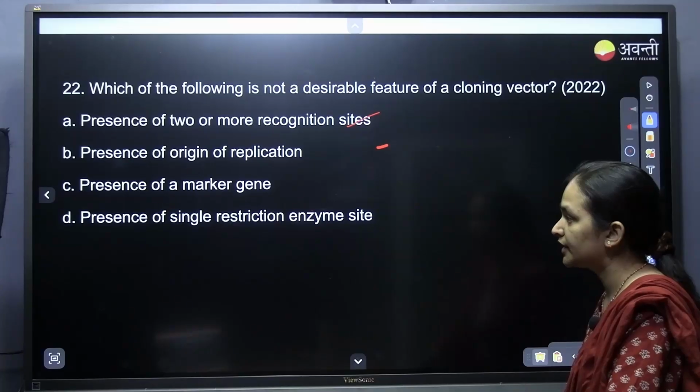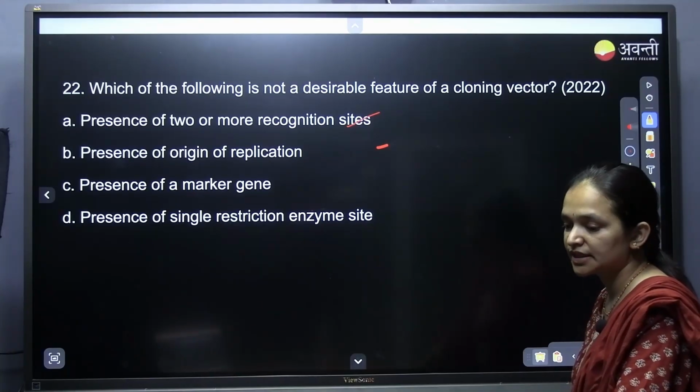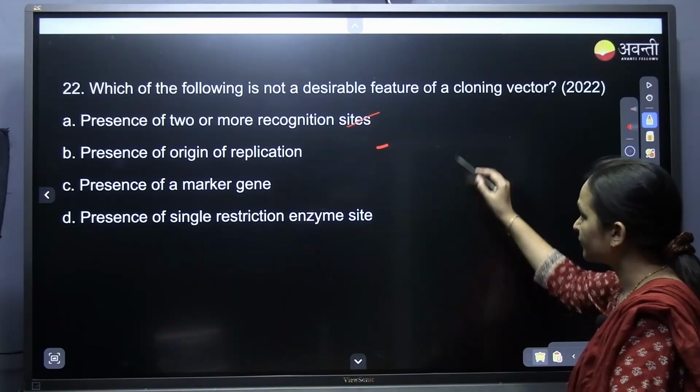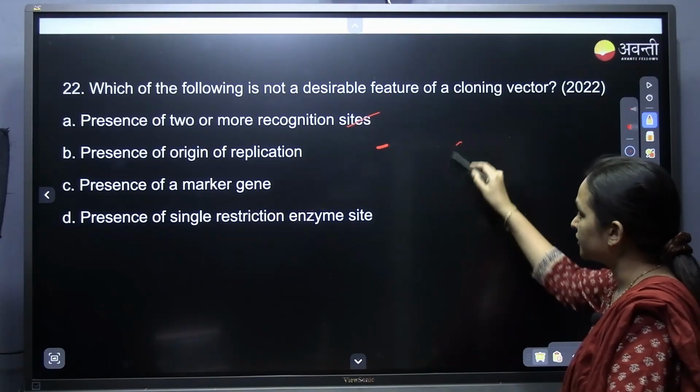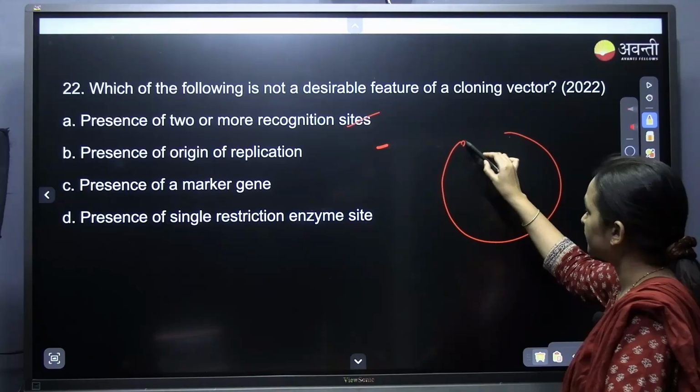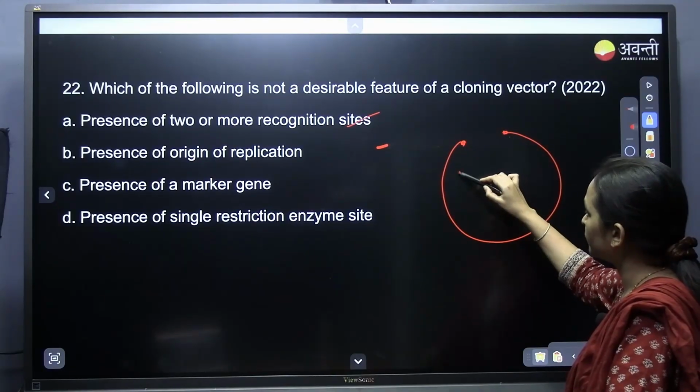Actually, it cuts the DNA into pieces, isn't it? For example, even in a cloning vector, what happens if there is more than one?